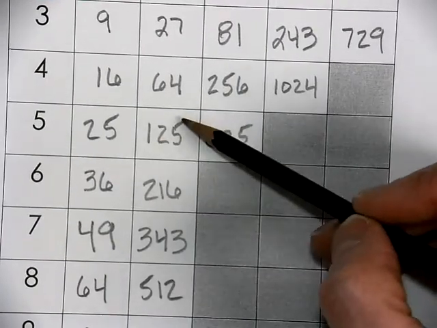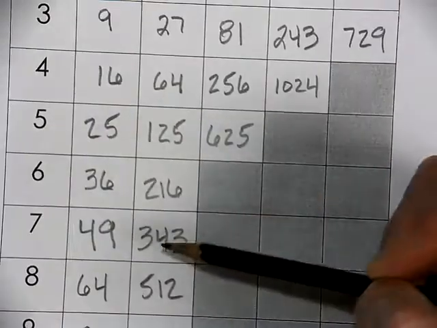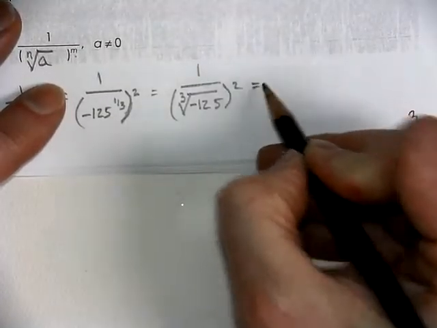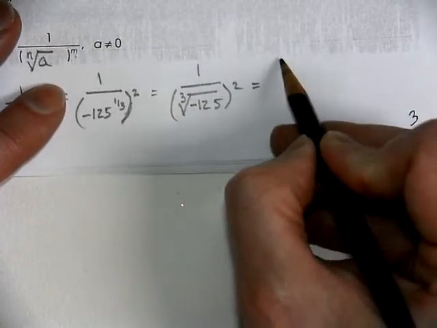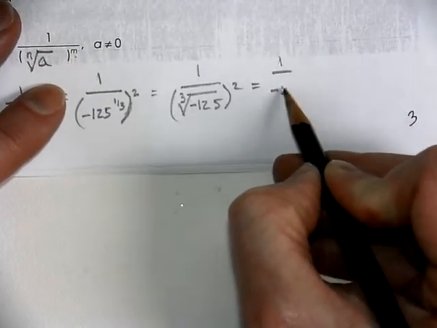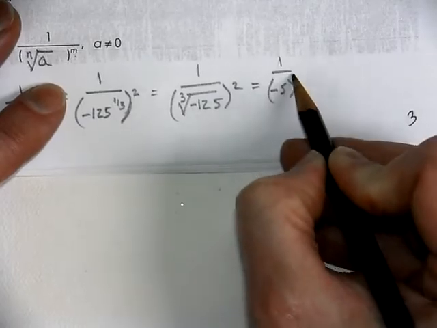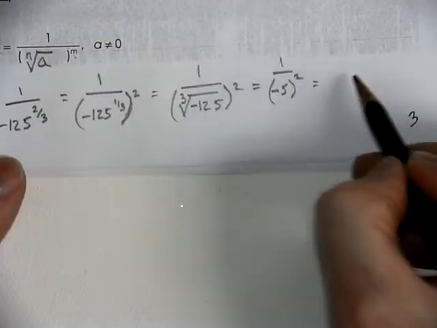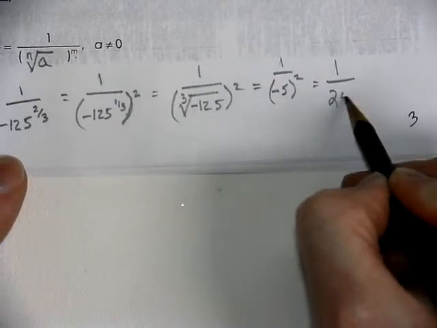So the cubed root of 125 is 5. So the cubed root of negative 125 is negative 5. We still are squaring, and that's going to come out to be 1 over 25.